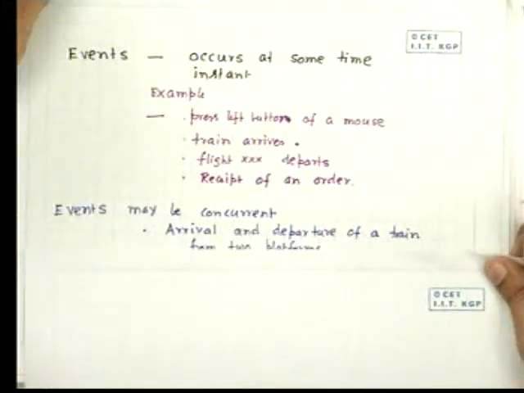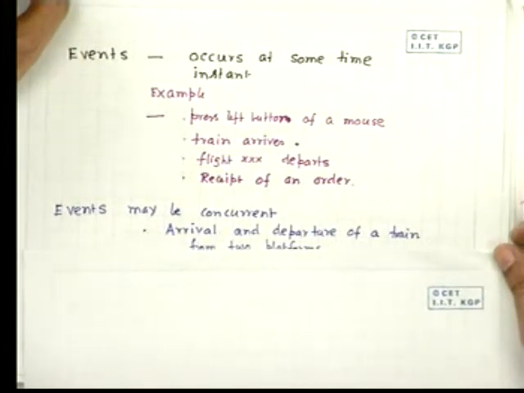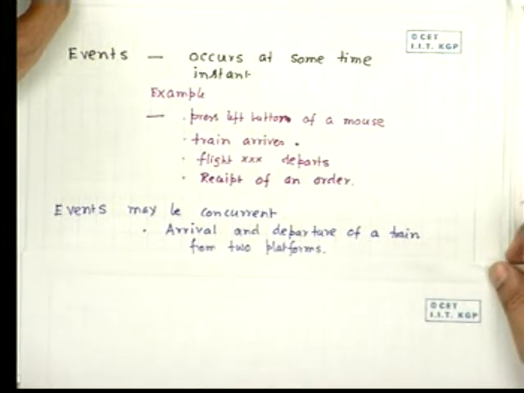Say for instance, if the train arrives in platform number 1 and another train arrives in platform number 2, then it will be at the same time instant. Then the passengers can board the new train which arrives in platform number 2 from the one which has arrived in platform number 1.